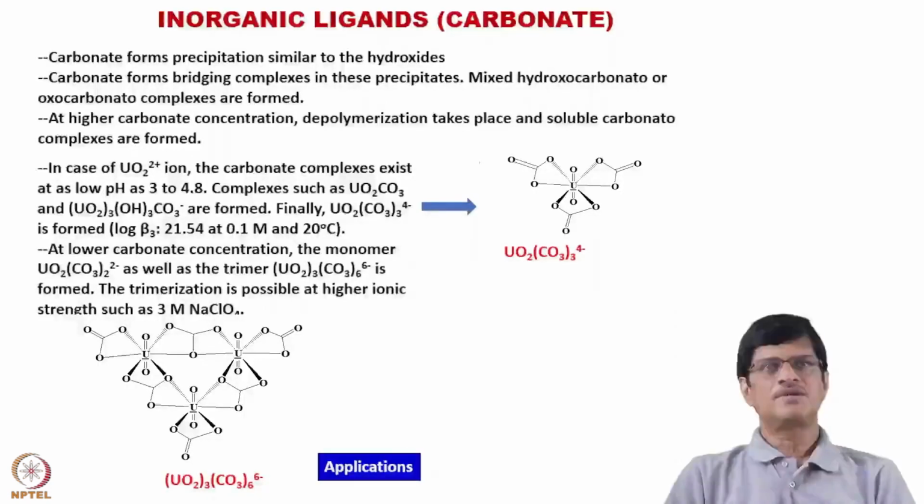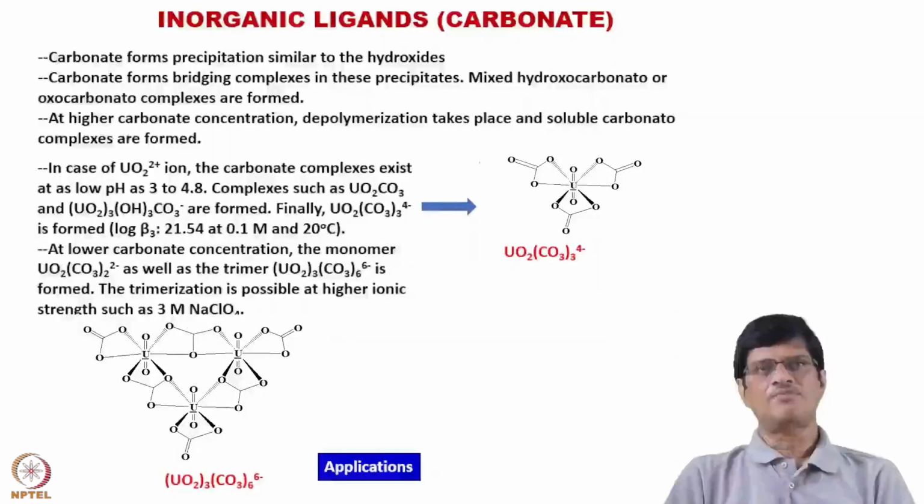In carbonates, they form bridging complexes in these precipitates, and at higher carbonate concentration, we can have depolymerization and we have the soluble carbonato complexes. In case of the uranyl ion, the carbonato complexes exist at as low as pH 3 to 4.8.